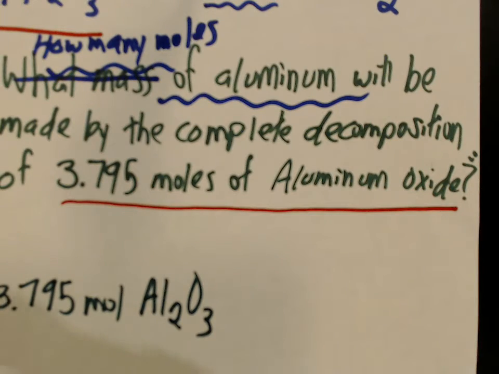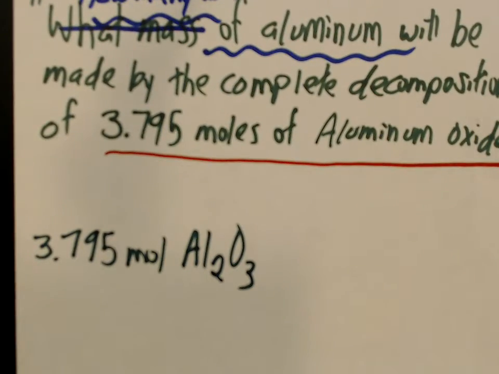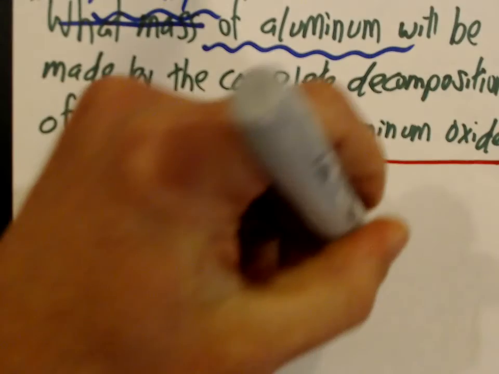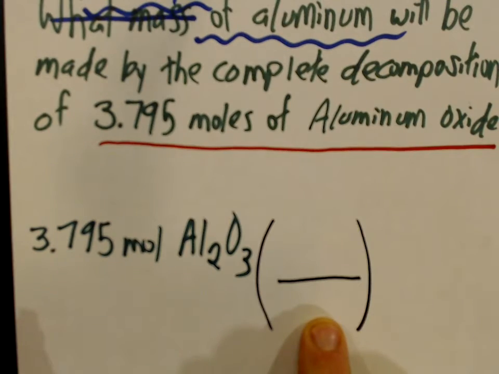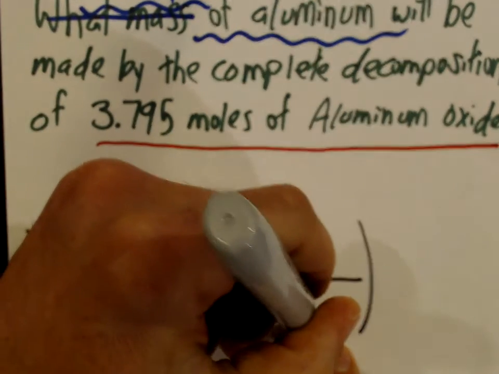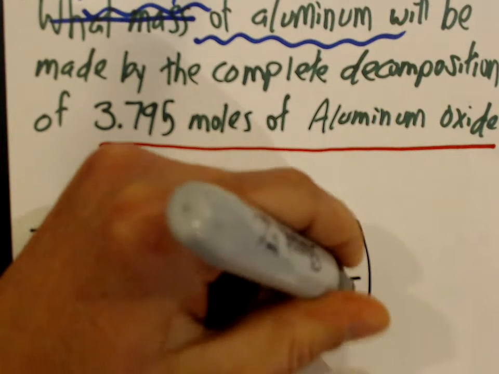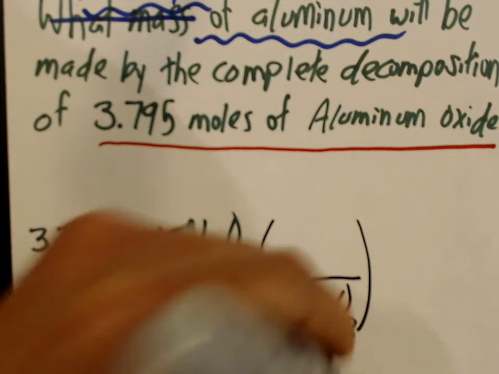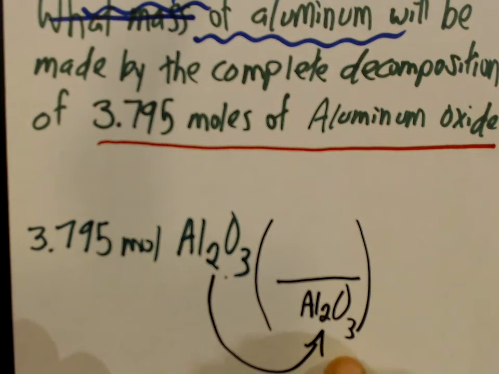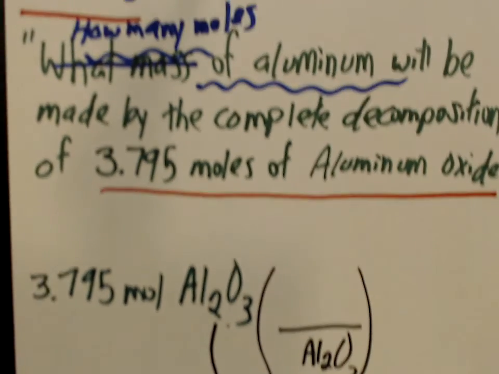Now set up some parentheses. Instantly, let's put aluminum oxide on the bottom. Remember, whatever substance is written here always goes on the bottom. If you always put it on the bottom, you'll do the correct math.